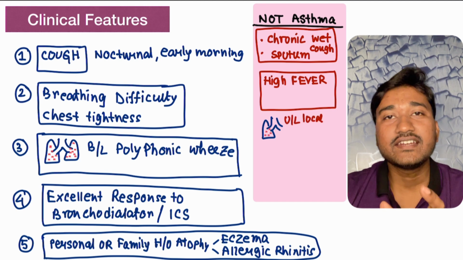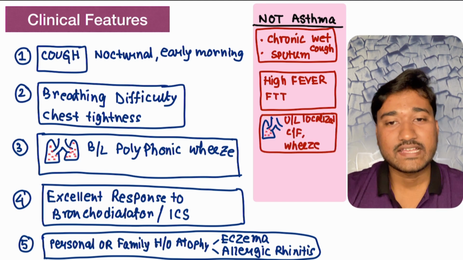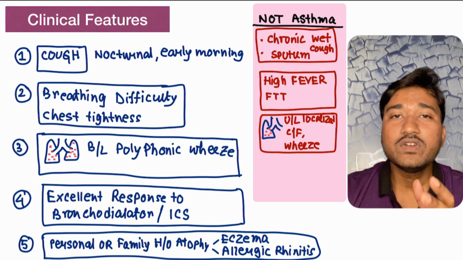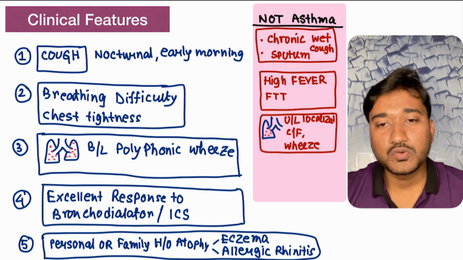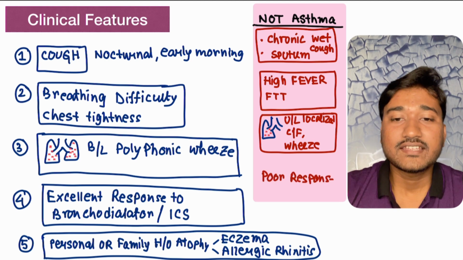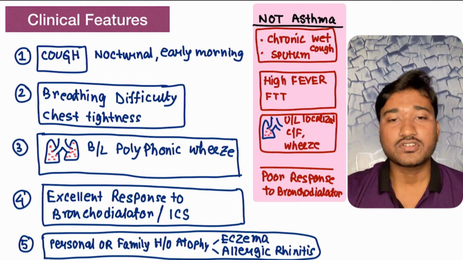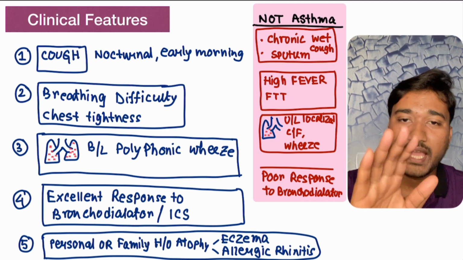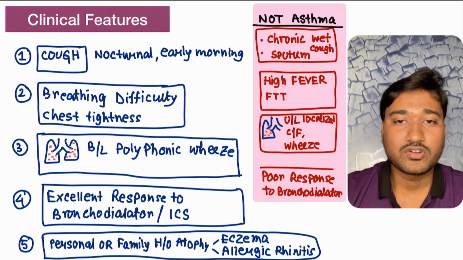If there is a high grade fever, it suggests some infection, this is not asthma. If there are unilateral localized clinical features and unilateral localized wheeze, this is not asthma. Asthma is always bilateral. And if there is poor response to bronchodilator therapy, this is also not asthma. So you must remember this 5 symptom complex and also where to tell that this is not asthma.